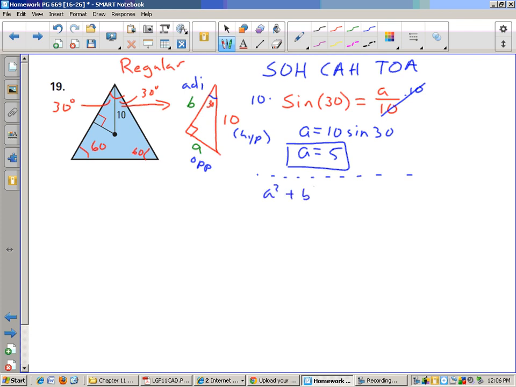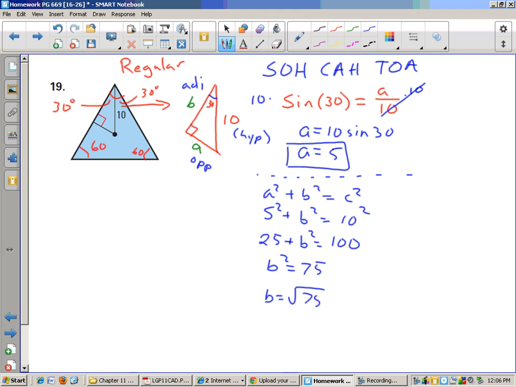So A squared plus B squared equals C squared. Lots of people like this one. So 5 squared plus B squared equals 10 squared. So 25 plus B squared equals 100. So B squared equals 75. So B equals the square root of 75, which is equal to root 25 times root 3. So that's 5 roots of 3.